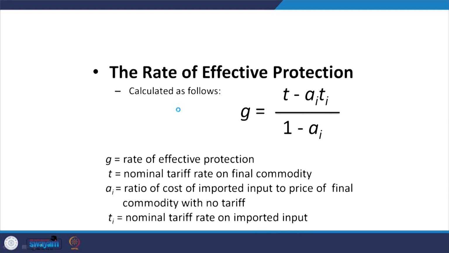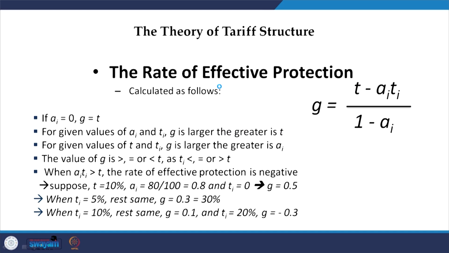This is the equation we have already explained. In another approach we can also calculate the effective rate of protection. We have already verified this; you can go and check in detail, especially with AI. AI, as I told you, is the percentage of value added to the final good, that is, how much of the raw materials or imported inputs are used in the production of the final good, usually varying from 70 to 80%, 90% like this.